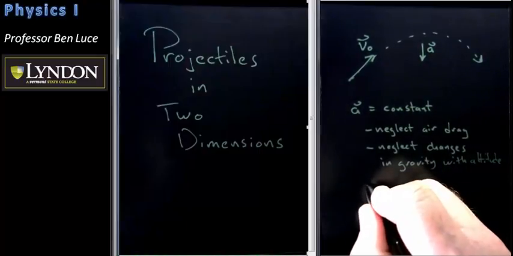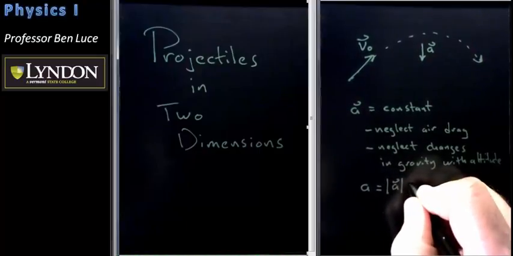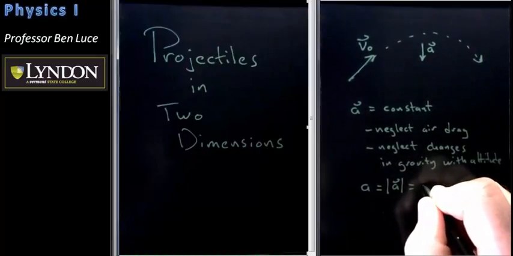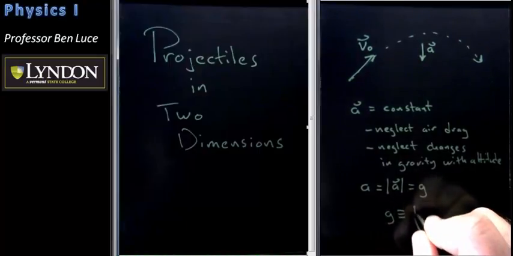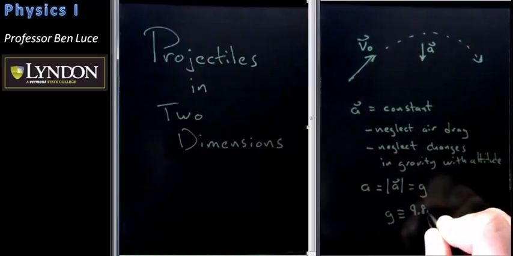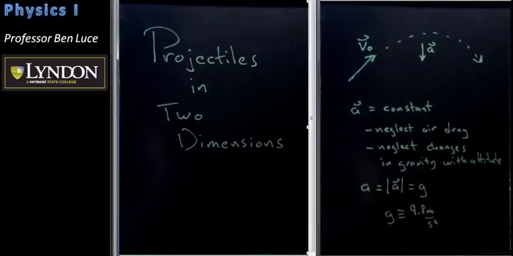In particular, we'll assume that the magnitude of the acceleration is simply fixed at g, where g, by definition, is the acceleration of gravity near sea level, 9.8 meters per second squared.